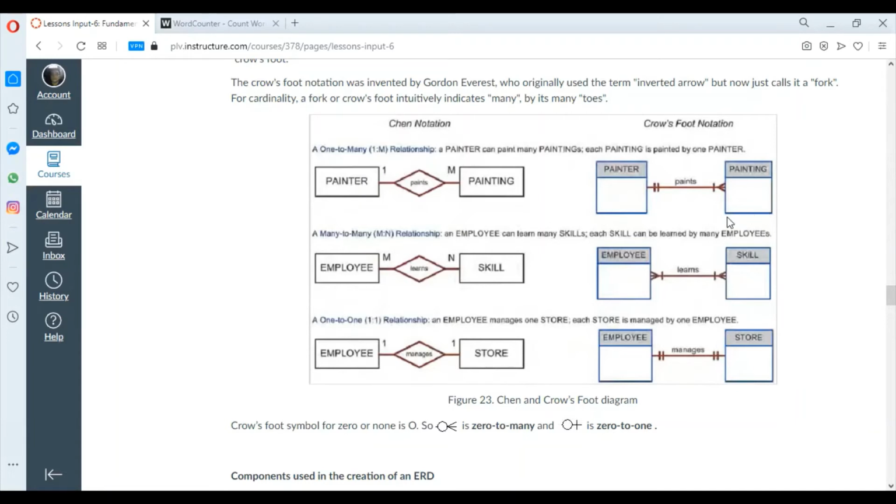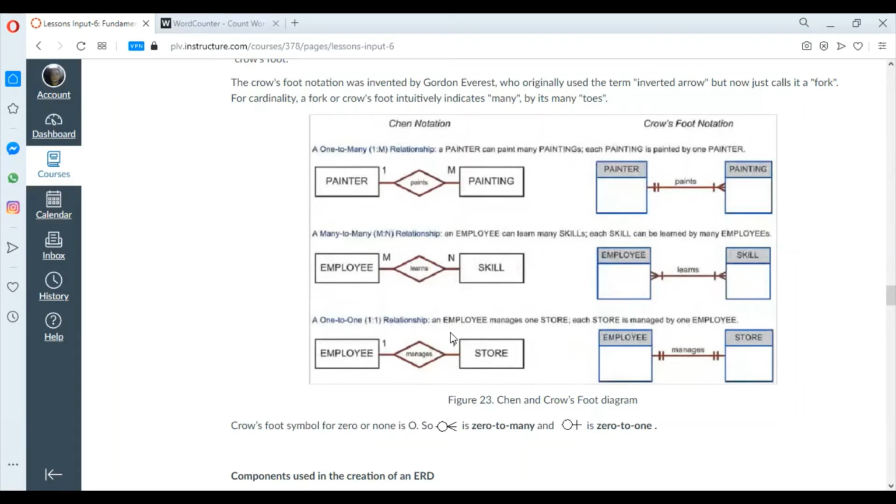For the Crow's Foot, it is usually a square with a line separating the object name. For the action, Chen notation uses a diamond, while Crow's Foot basically just uses a line, and that line is where the action is written, either on top or on the side, usually on the right side.